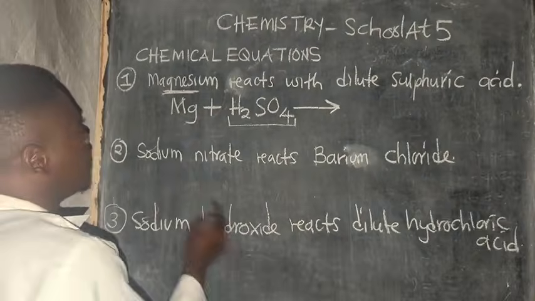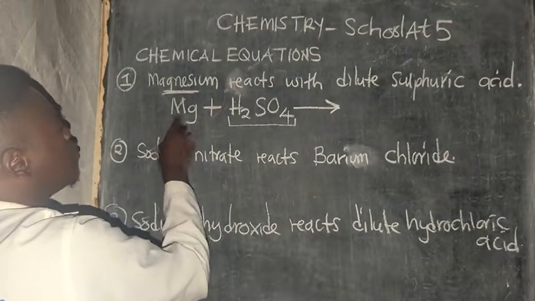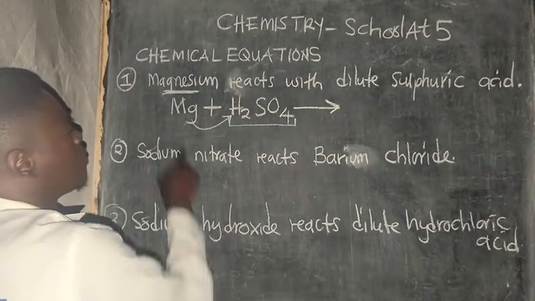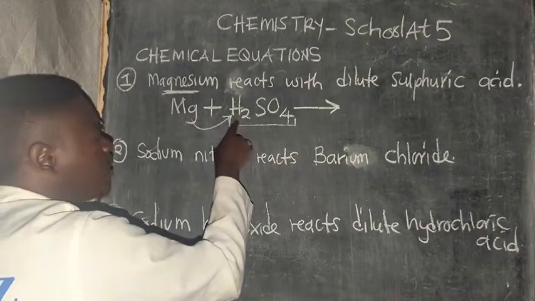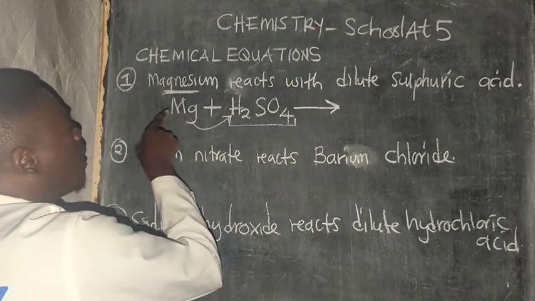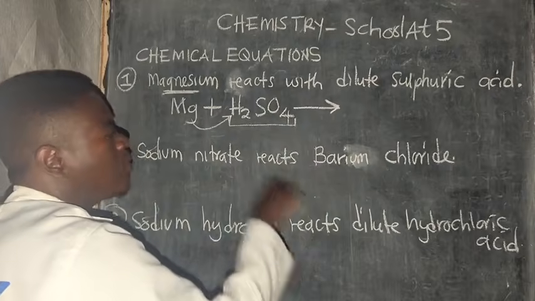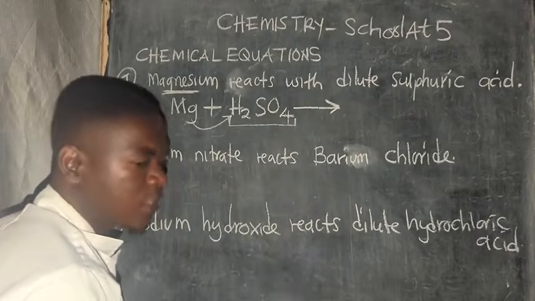What will happen is that this magnesium is going to replace hydrogen. So when hydrogen is replaced, what you are going to form will be magnesium sulfate. The question is, how do we write magnesium sulfate?